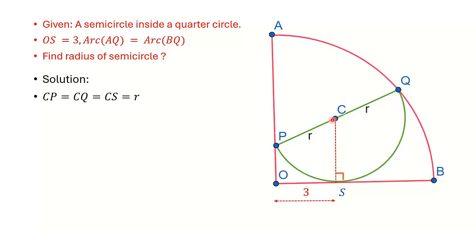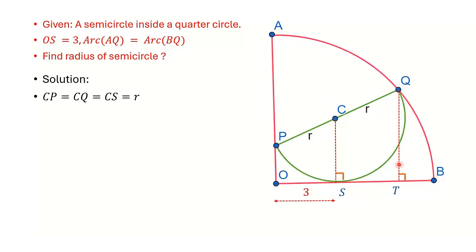Also CP is the radius, CQ is the radius and CS is the radius. All are equal to R. So CP is equal to CQ is equal to CS, and all this is equal to the radius R. Now let us draw a perpendicular from point Q on line OB.